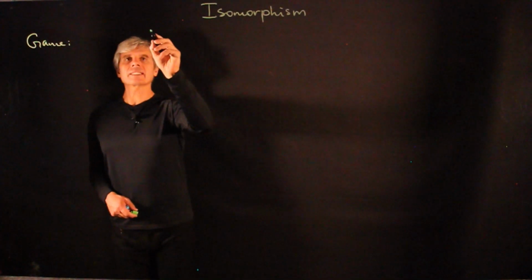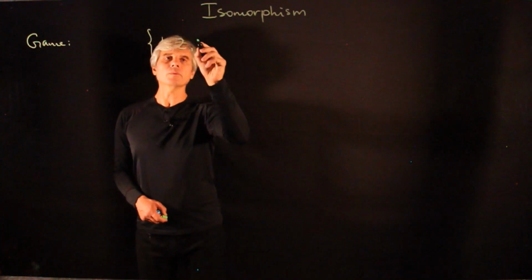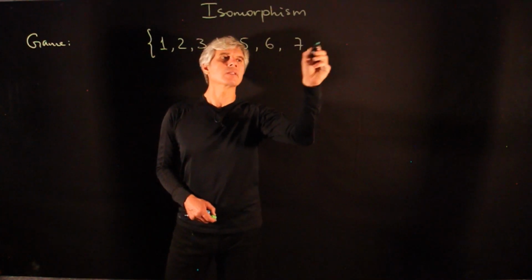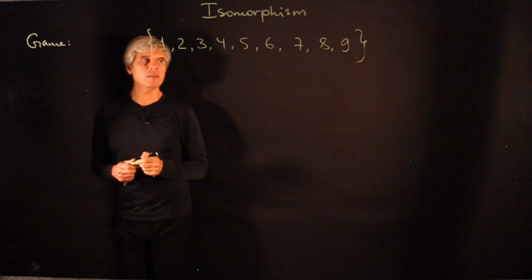So let's take the following set of numbers: 1, 2, 3, 4, 5, 6, 7, 8, 9. Now, the game is like this.